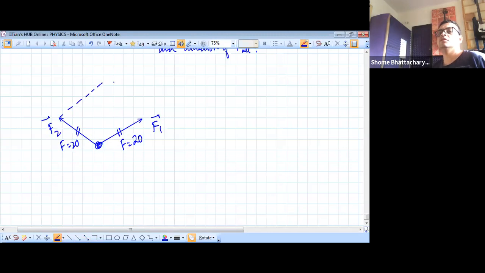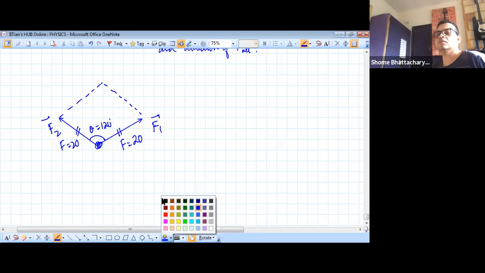When we complete this, we will see that the resultant or the net force will be like this.